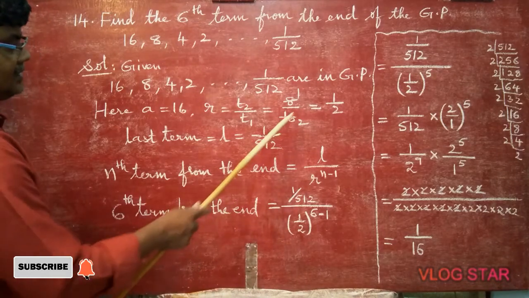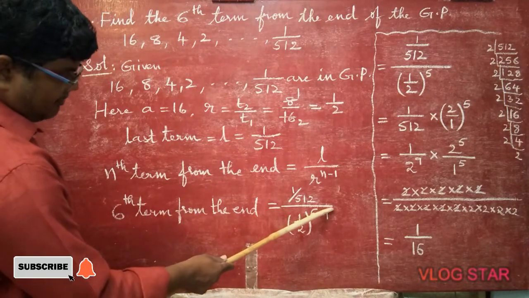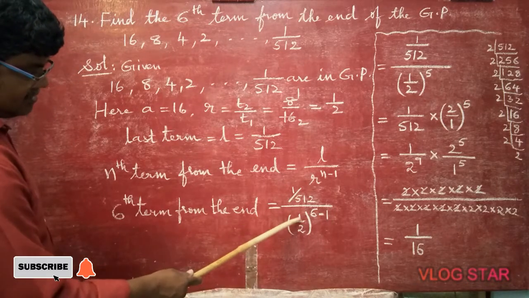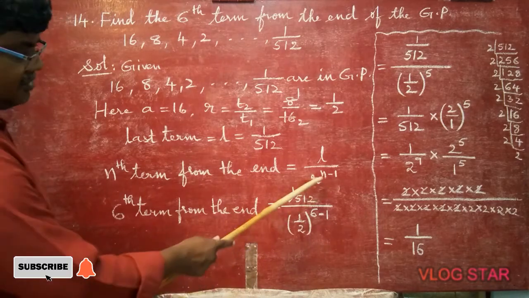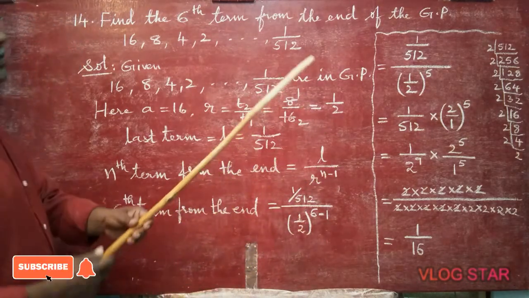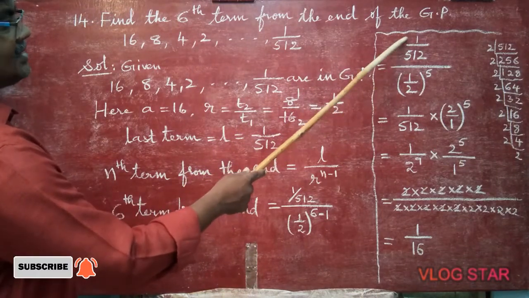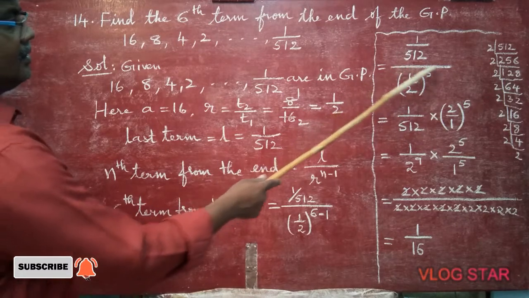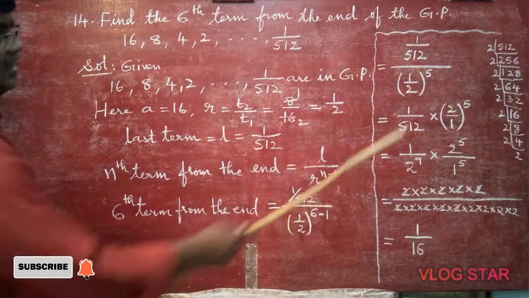L is 1 by 512 divided by R, which we got as 1 by 2, the whole to the power of 6 minus 1, because it is the 6th term. Now, numerator 1 by 512 as it is, keep a bracket, whole divided by 1 by 2 whole to the power of 5. 6 minus 1 is 5.